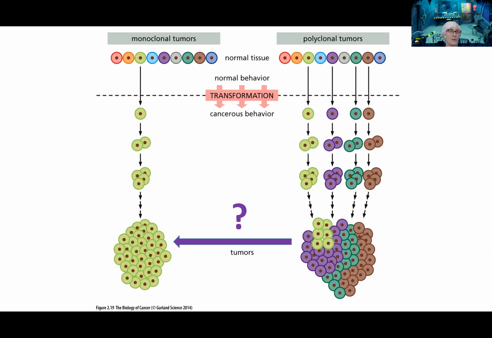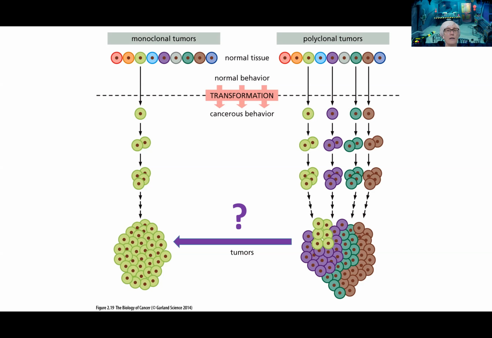But I will throw out some what ifs. Is it possible that the monoclonal tumors that I just spoke to you about arose from a polyclonal tumor, this gang of rogue different cells, so that only one type remained by the time we looked at it?